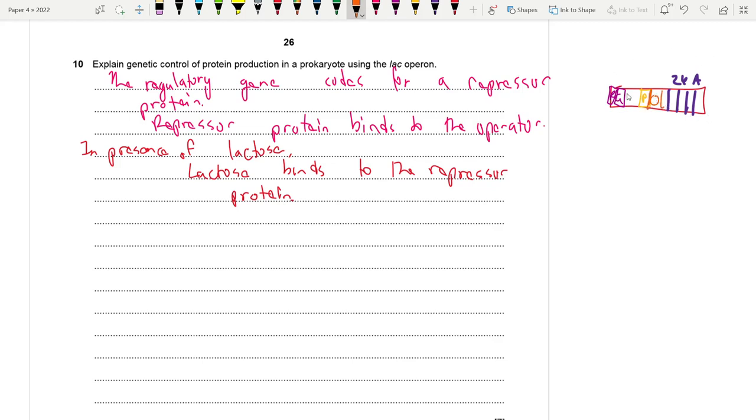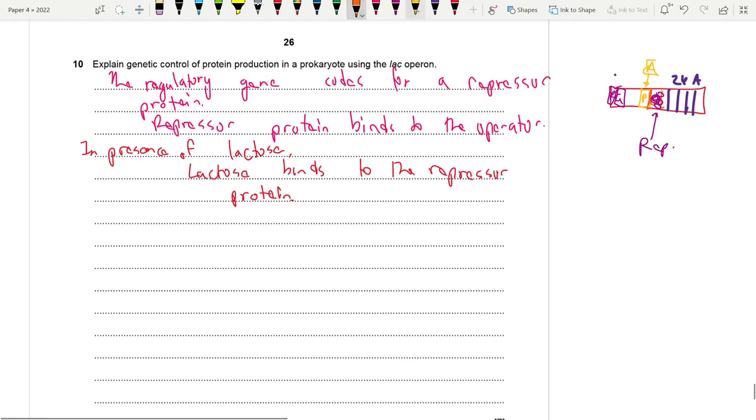The regulatory gene codes for a repressor protein which binds to the operator region. As a result, the RNA polymerase cannot bind to the promoter because the repressor protein is blocking the way.